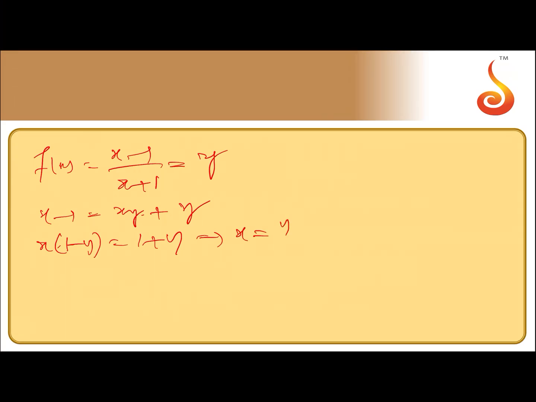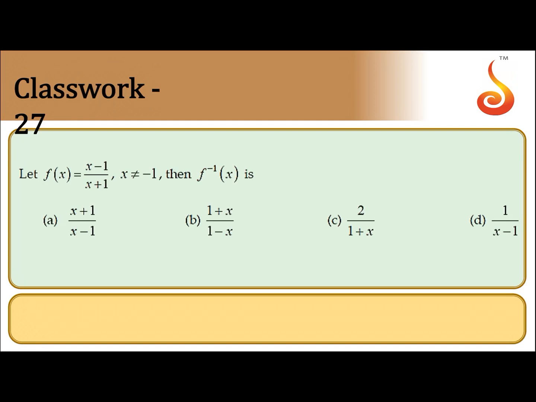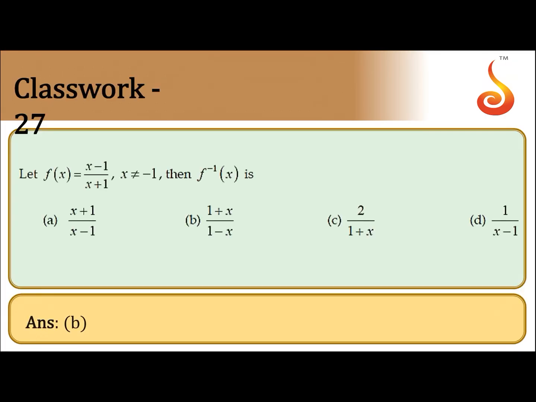And that implies x is equal to y plus 1 divided by 1 minus y. And this is nothing but f inverse of y. So the inverse of the function is equal to x plus 1 divided by 1 minus x. So when you take up the answer for this one, 1 plus x by 1 minus x will satisfy the condition over here. So the answer is B, right?